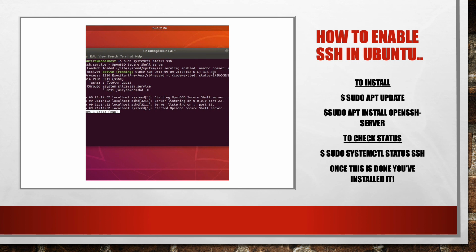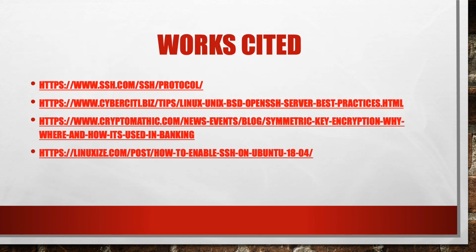Once you complete all those steps, you have done everything necessary to ensure that SSH is installed. I also want to mention that SSH runs on port 22, so you'll look out for port 22 once you activate your installed SSH on your system.